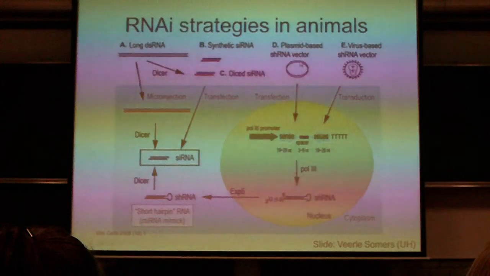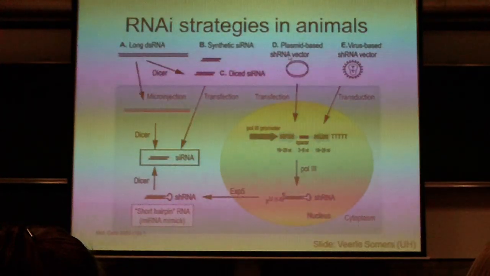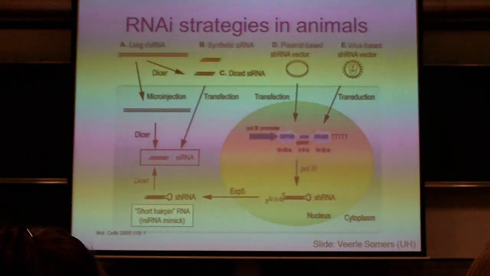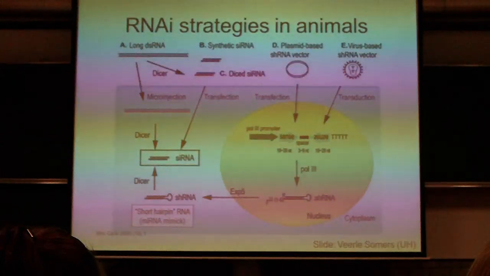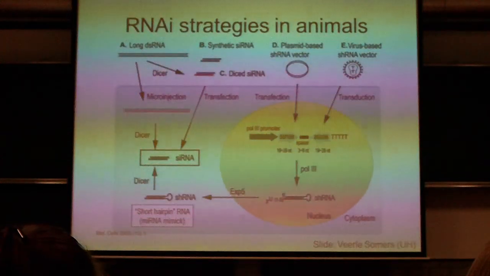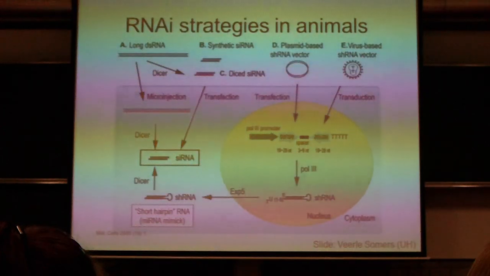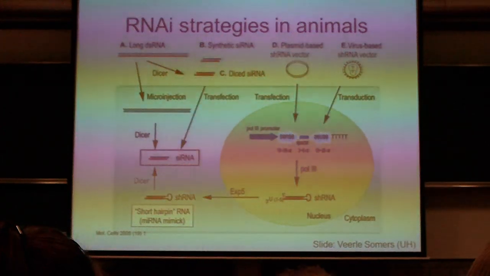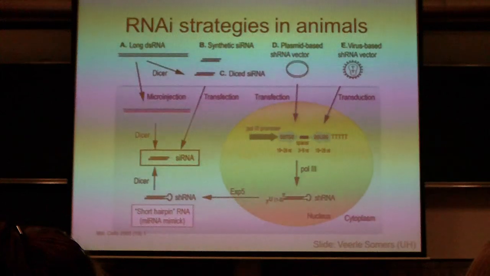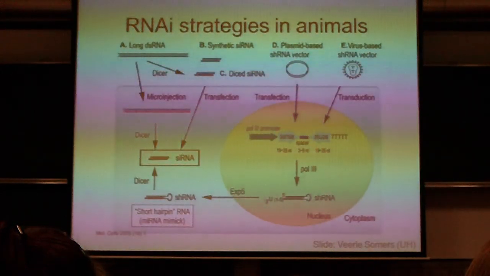You can use plasmids to encode short hairpin RNA behind a promoter. And you can introduce this vector into a virus, which makes it even better, because then you can use the characteristics of the virus to get the short hairpin RNA inside the cell. And then you just undress the virus so that it's not replicated anymore, so it's not damaging anymore.